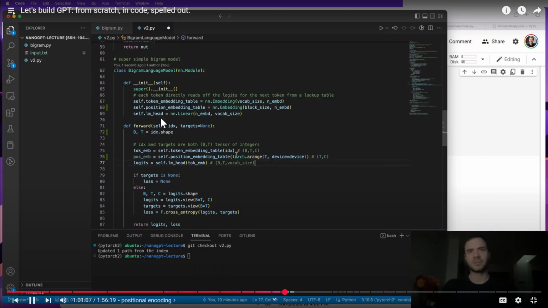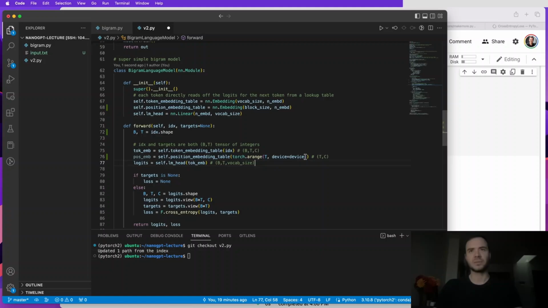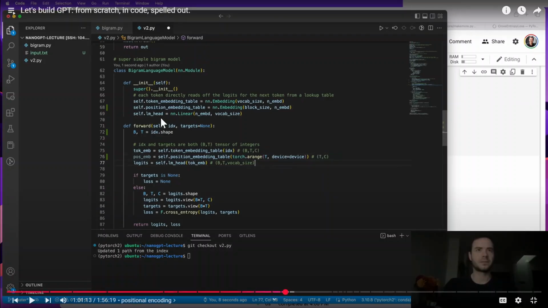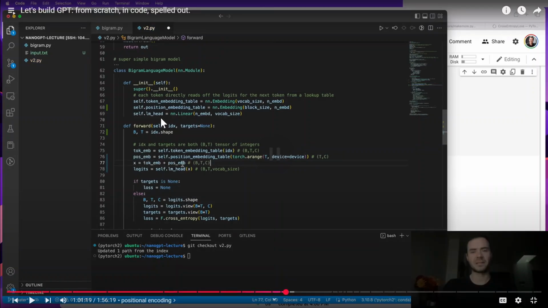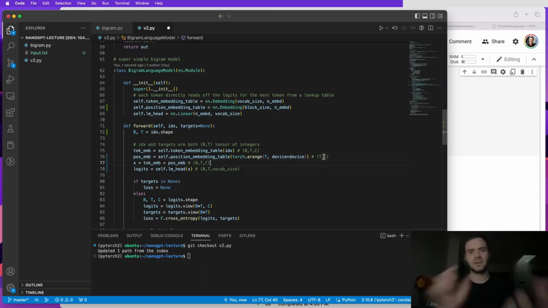And all of those integers from 0 to T minus 1 get embedded through the table to create a T by C. And then here, this gets renamed to just say x, and x will be the addition of the token embeddings with the positional embeddings. And here the broadcasting will work out. So B by T by C plus T by C. This gets right aligned, a new dimension of 1 gets added, and it gets broadcasted across batch.